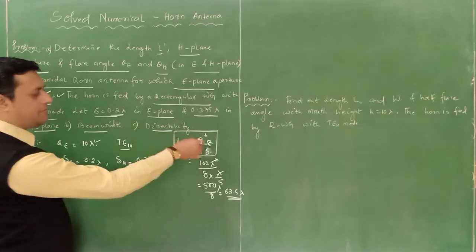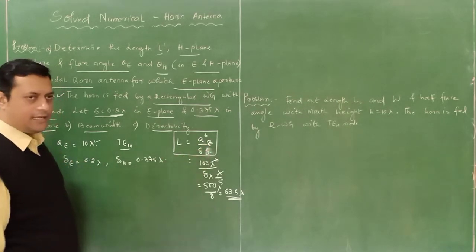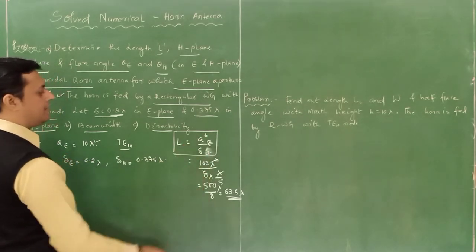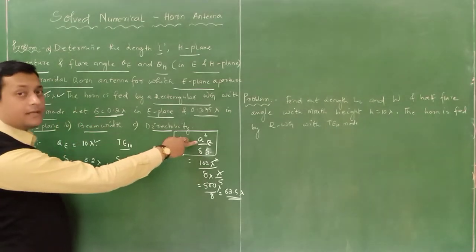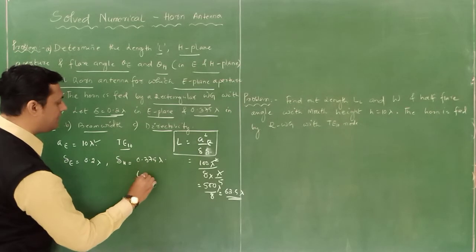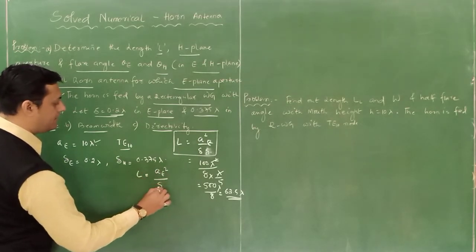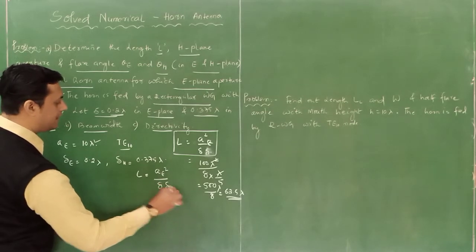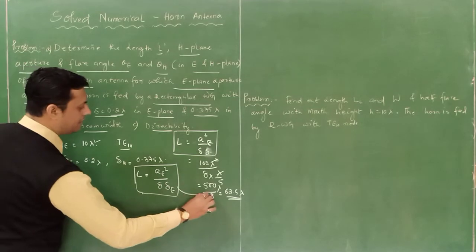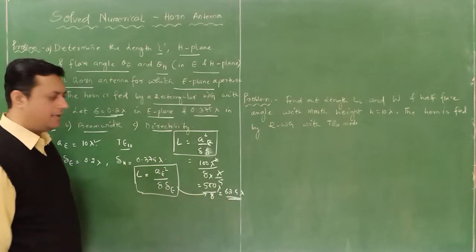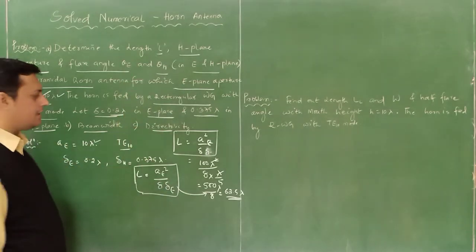So we have the length in relation to the aperture, A squared divided by 8 delta. A squared I have considered with respect to delta E, because here I am considering A suffix E. So the general equation will be L is equal to A squared divided by 8 times delta E. This is the basic relation through which we can determine the value 62.5 lambda. So that is the length. Here we have identified the length.